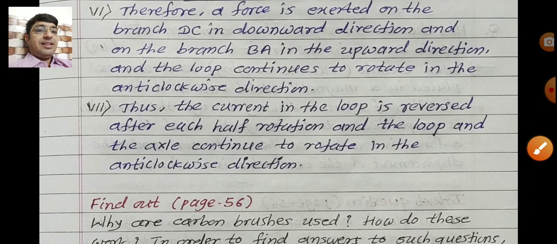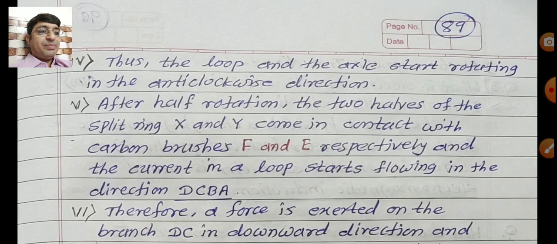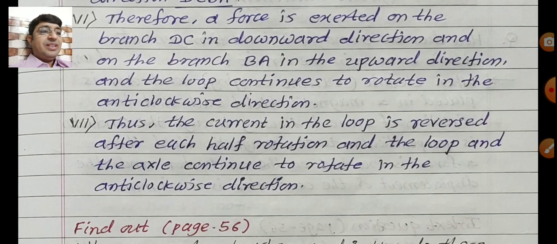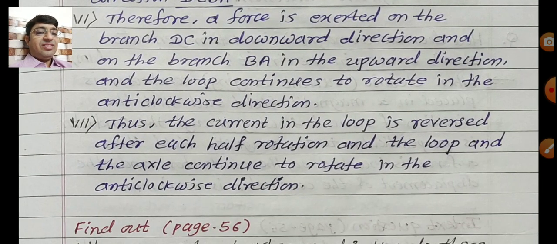Next, last point. Thus, the current in the loop is reversed after every half rotation. Initially, current is passing through BA, but after half rotation, passing in which direction? AB. These are the changing directions. Initially AB, then afterward BA.